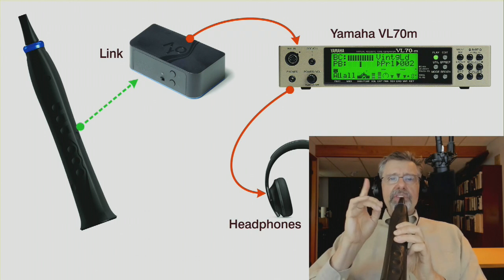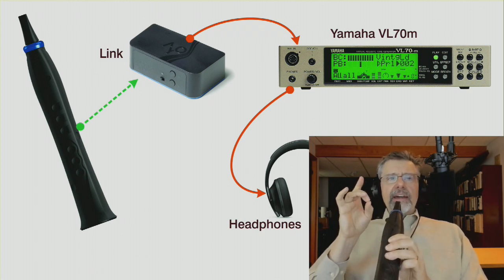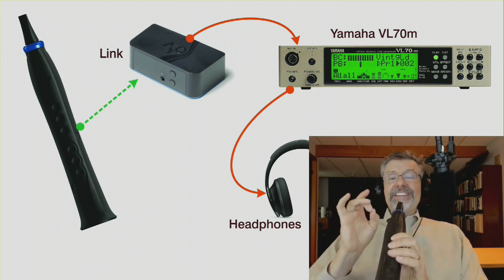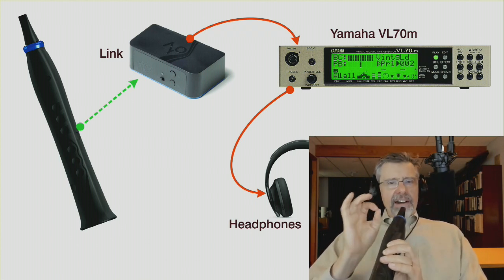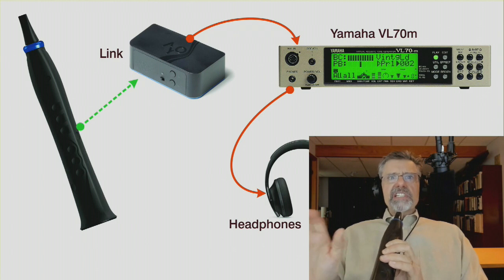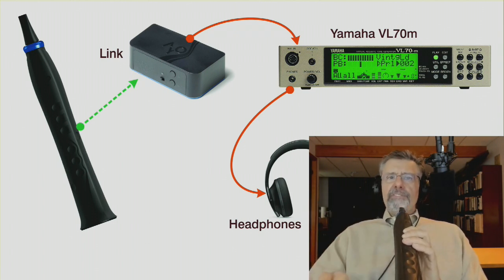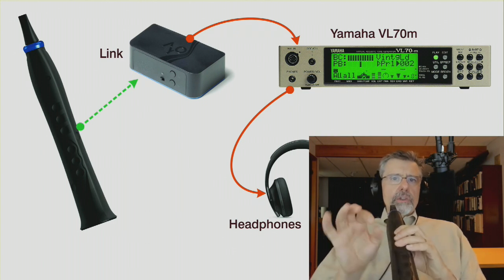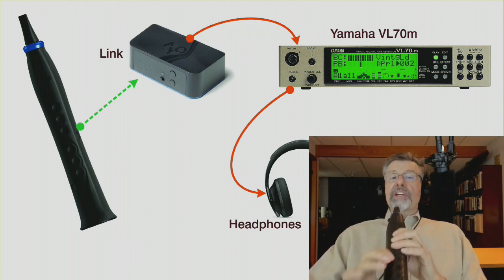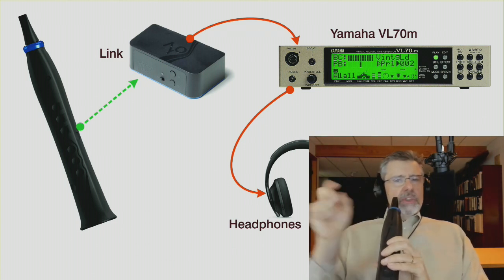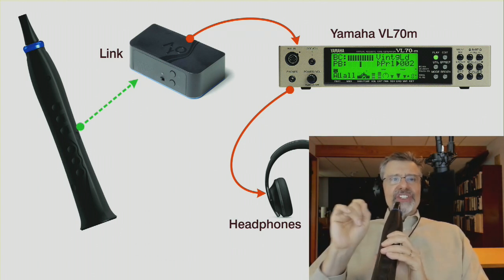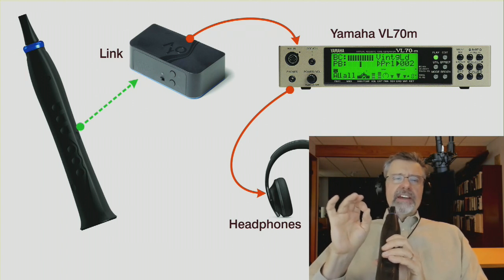We've swapped out the Motif-Rack for another Yamaha unit, the VL70M, first released in 1996. On its own, it's pretty much the same as the Motif-Rack in that it is designed for keyboard players and doesn't use the breath pressure in the way that wind players are used to. This unit, though, has a secret sauce. The brains of the unit have been swapped out.